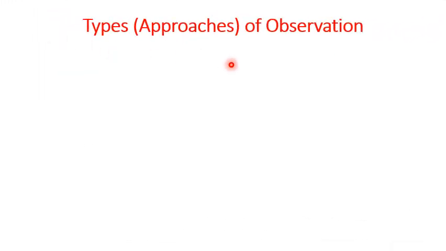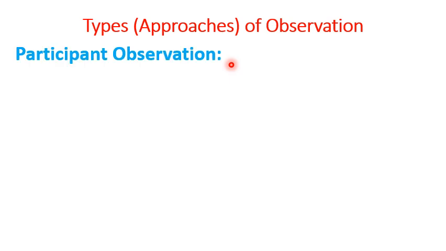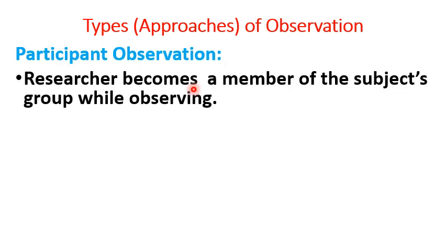Next topic, types of observation or approaches of observation. First one, participant observation. Here the researcher becomes a member of the subject's group while observing. So the researcher will be a member of the observed group. For example, employees in a factory are observed by a manager who is also working along with them.